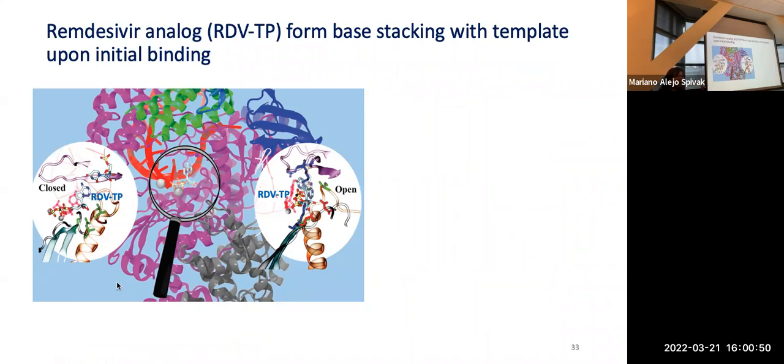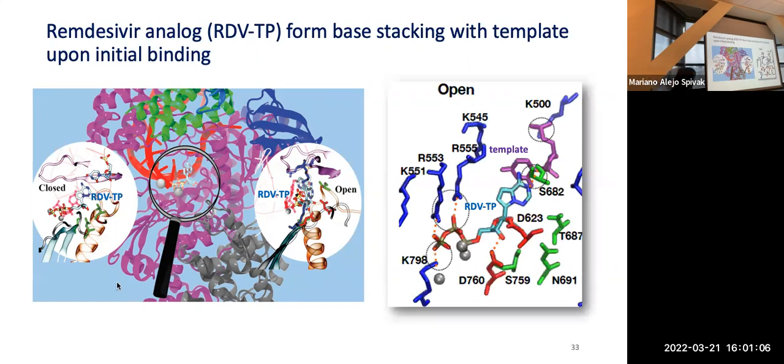Okay, so what we published recently is that we checked the selectivity of remdesivir in binding and insertion into the active site. The first thing we noticed is that remdesivir actually forms base stacking instead of base pairing. It forms base stacking initially, but later on it can form base pairing when stably inserted. This is the template.